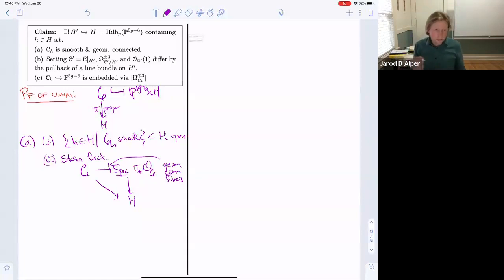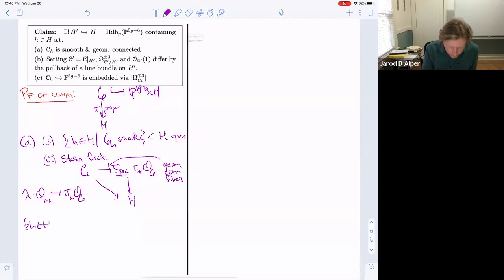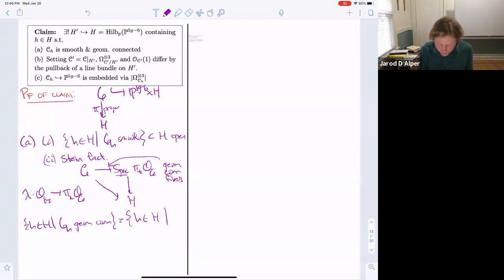Let lambda be the induced map from O_H to the push forward of O_C. Then the condition in H that the fiber is geometrically connected is precisely the points in H where lambda is an isomorphism.